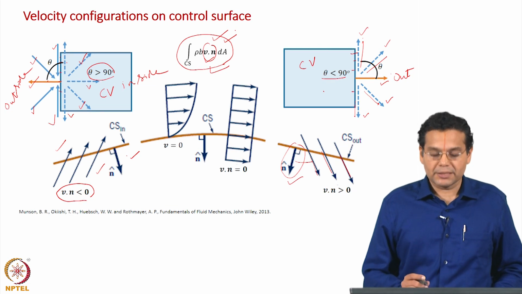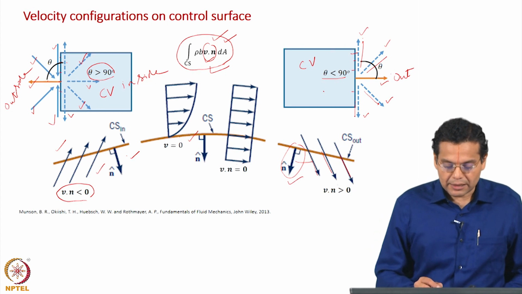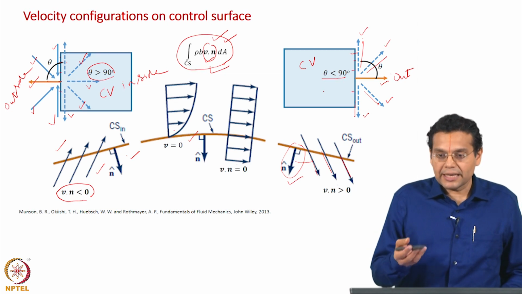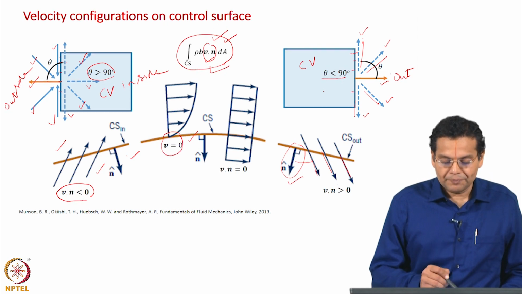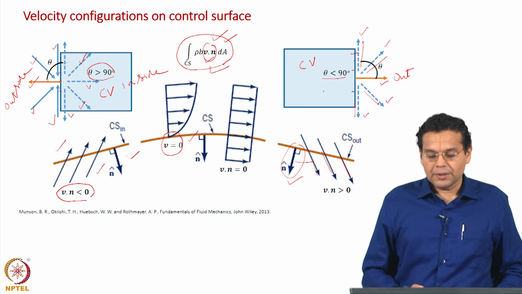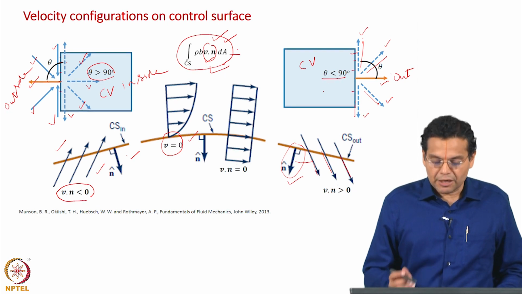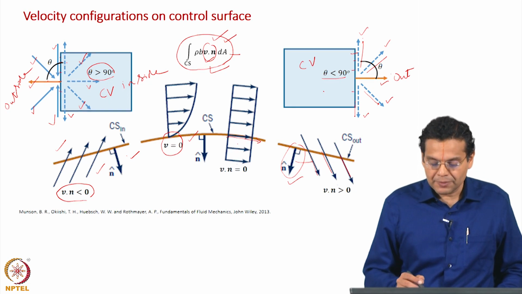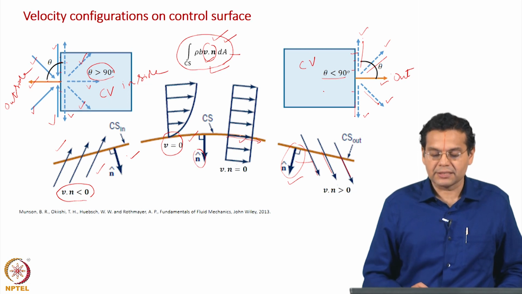Let us see what happens at the walls, and that is what is shown here. At the walls, we have said the fluid clings to the surface of the wall, which means that the velocity is 0 at the surface of the wall, so there will not be any contribution from this term. If the fluid slides along the surface of the wall, then the angle between the normal vector and the velocity vector is 90 degrees.